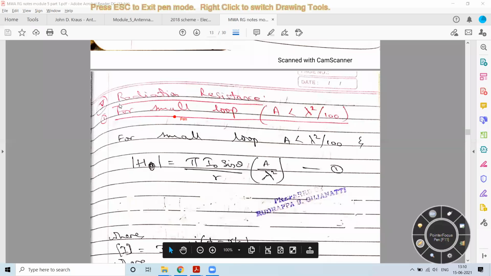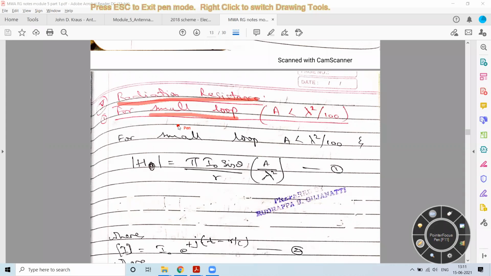Next, we will be identifying the radiation resistance, one for the small loop and the other for the large loop. There are two conditions under which we can classify the loops. One is C by lambda less than 1 by 5, in which case I classify it as a small loop.